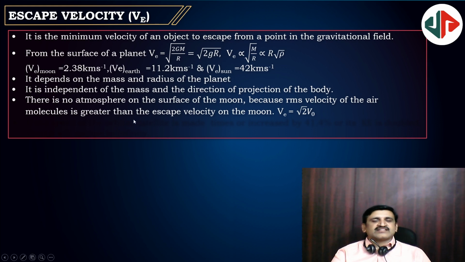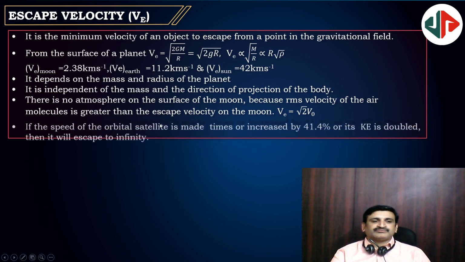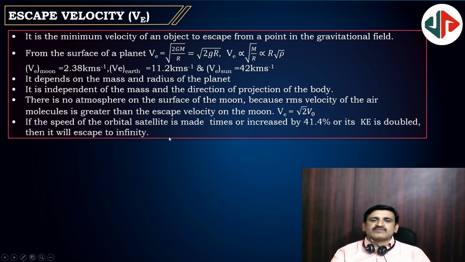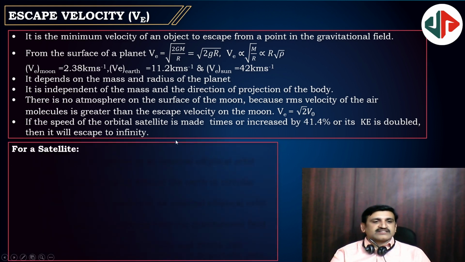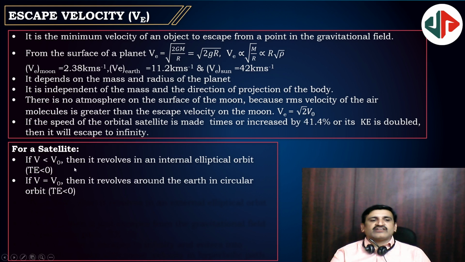And the escape velocity, surface satellite orbital velocity relation is VE is equal to root 2 into V naught. Next, if the speed of the orbital satellite is increased by 41.4%, its kinetic energy is doubled. Next, for a satellite, if V is less than V naught, then what happens?